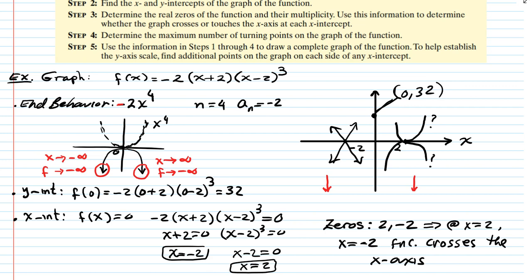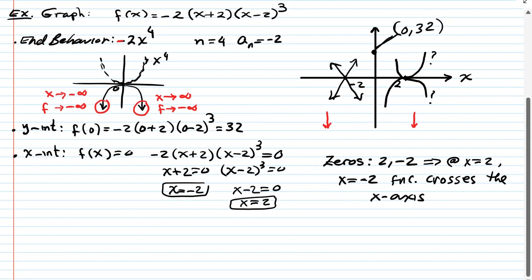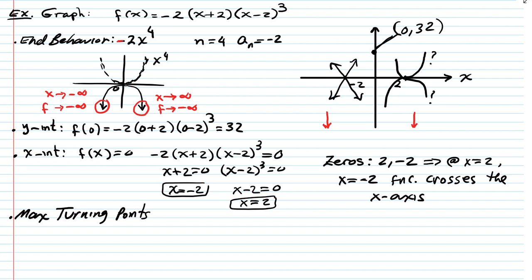Now, having gone through the steps again, the maximum number of turning points for this is going to be 3, right? 4 minus 1. The max turning points is going to be n minus 1, or 4 minus 1, or 3. So you can have 3 turning points.